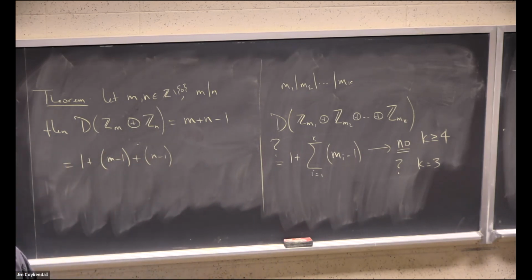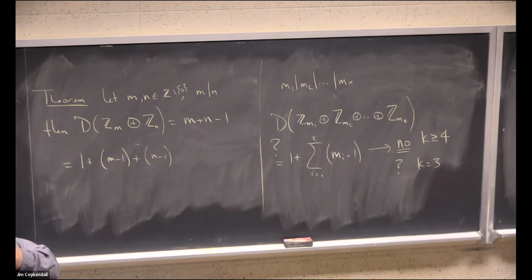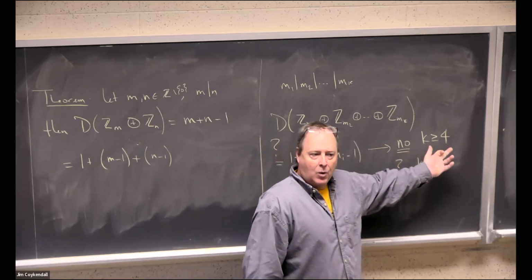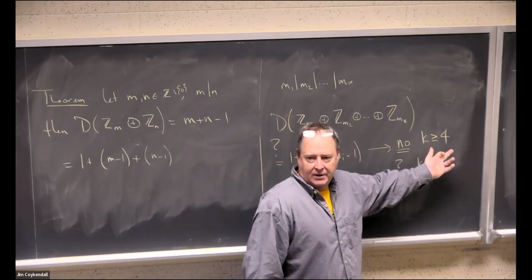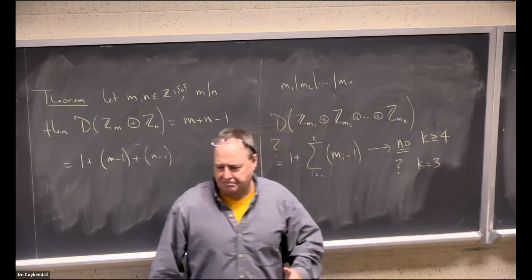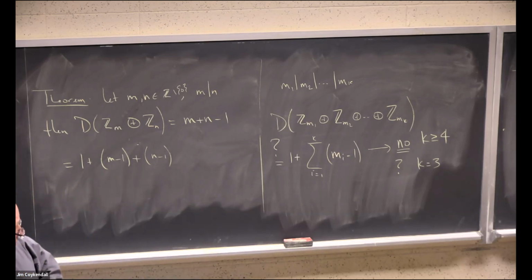I actually haven't really tried to do it, but the smallest known example where this doesn't work is for the case k equals 4 and it's a group of order 96. And the k equals 3 case, I don't think there are any counterexamples that are known at this point.